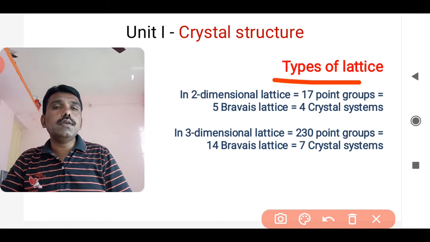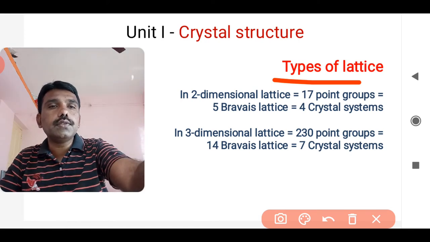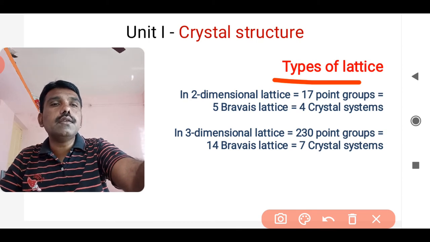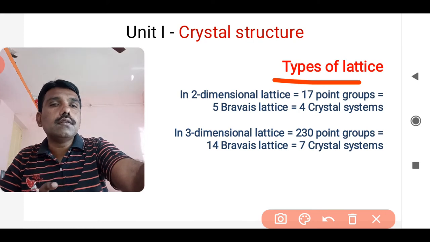As far as the two-dimensional case is concerned, there is a little mistake here.